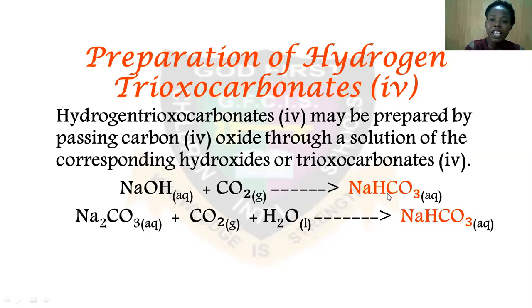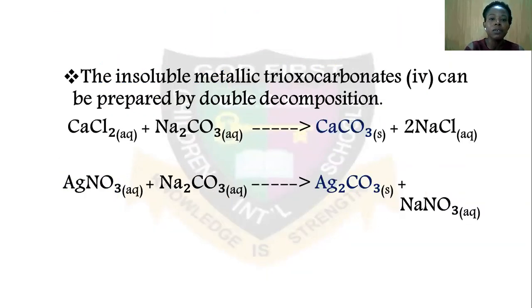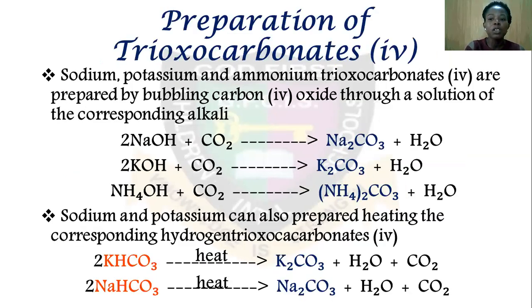Now, let's go back. When we are talking about preparation, in this case, you have excess sodium hydroxide, that's excess of the alkali, reacting with carbon dioxide to give you sodium carbonate.